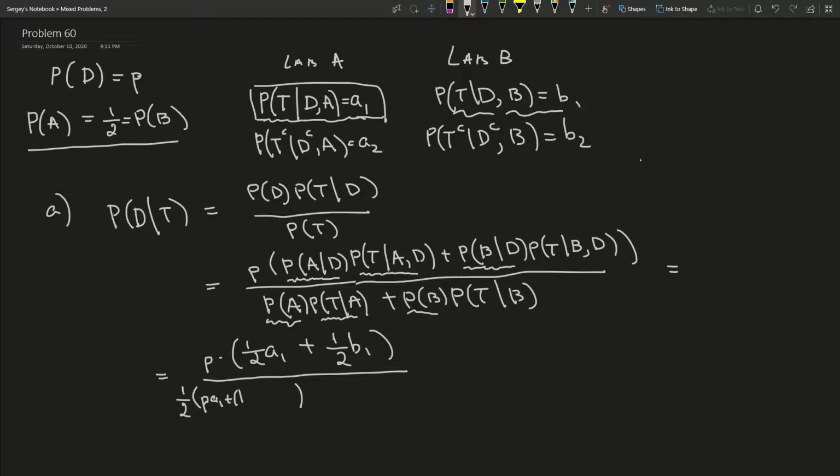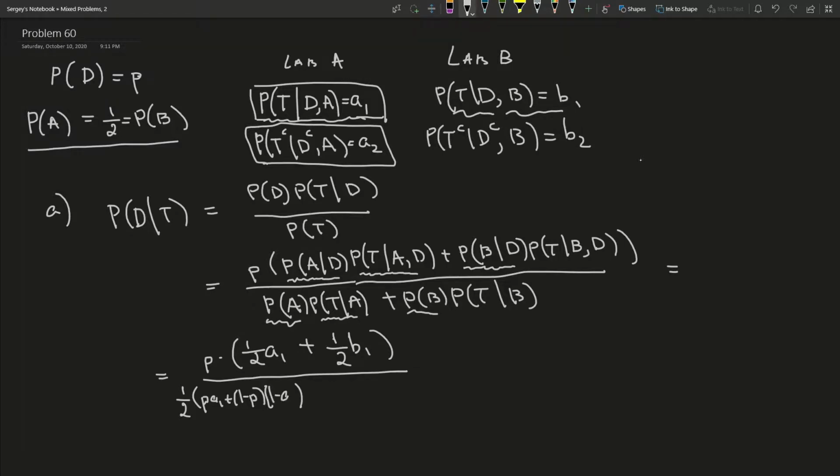Or the patient didn't have the disease, and the lab gave us a positive test result. So if the patient doesn't have the disease, the probability of a negative test result from lab A is A sub 2, and so the probability of a positive test result is 1 minus that.